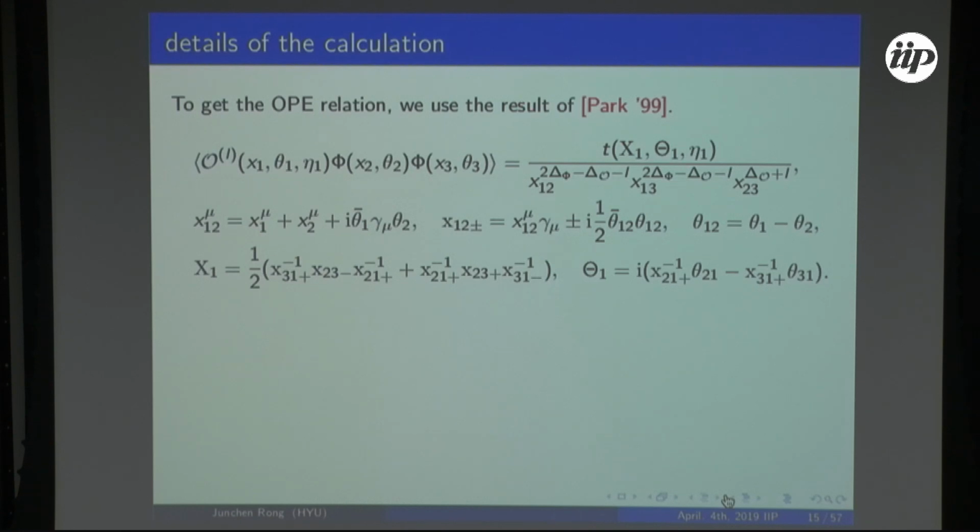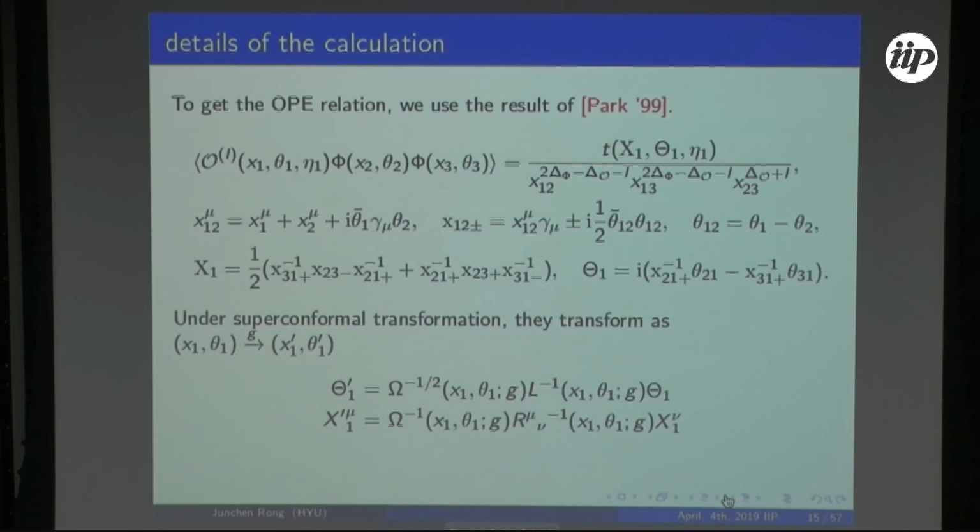Okay, Junhe Park classified the 3-point correlators in terms of super coordinates, and there are some capital theta and capital X. This capital theta and capital X basically bring all your superconformal transformations into the first point.